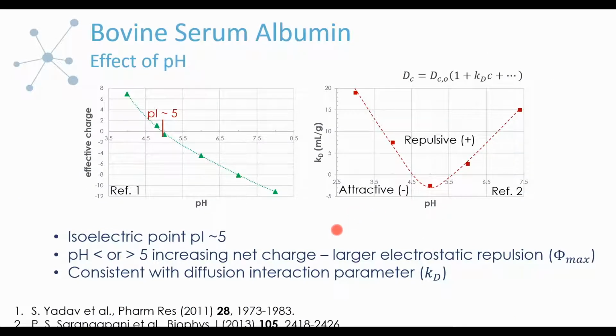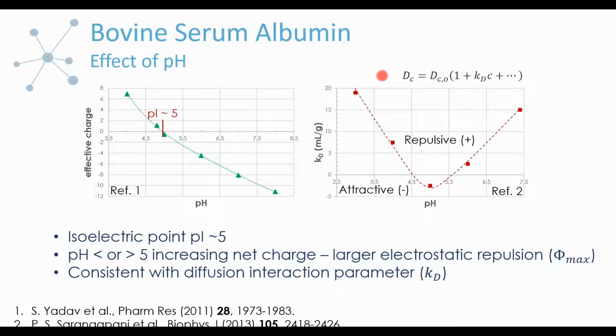And this idea is also consistent with some other experimental data in the literature for the diffusion interaction parameter, K sub D. Just to quickly review, in case you're not familiar with this, you would generally get it from measuring diffusion with light scattering techniques.